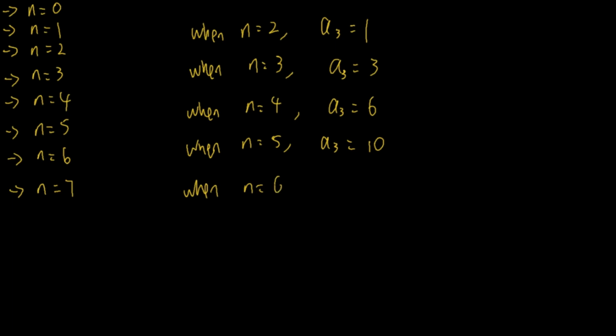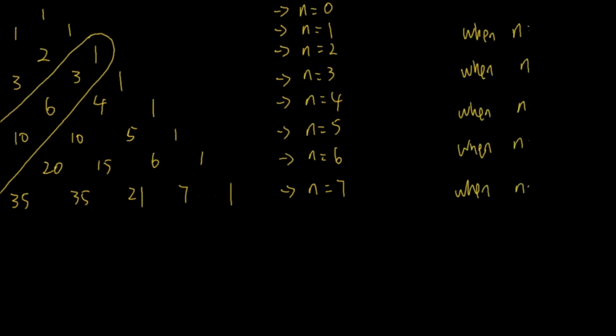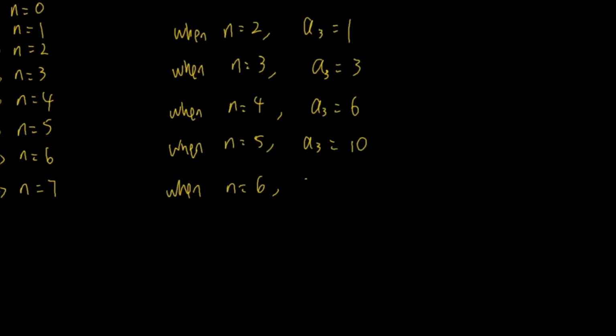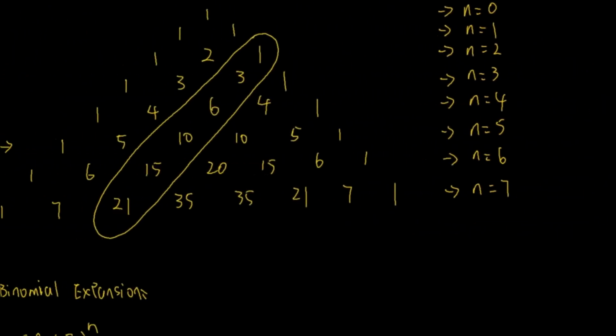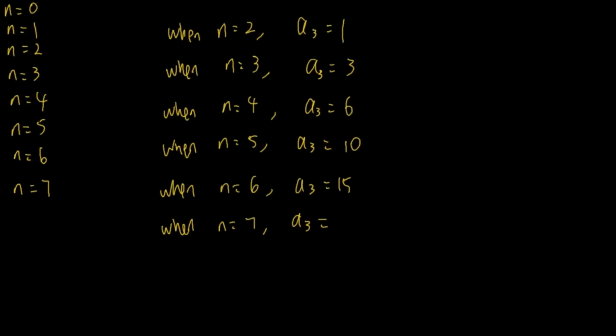When n is equal to 6, a3 is equal to 15. We can do one more. When n is equal to 7, a3 is equal to 21.